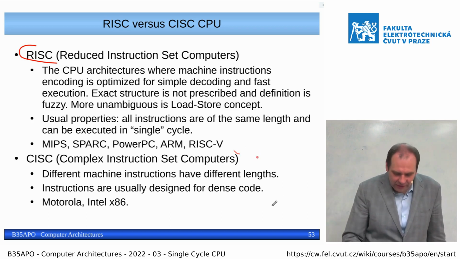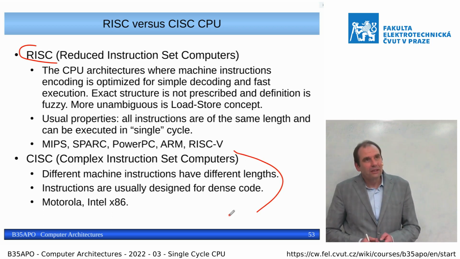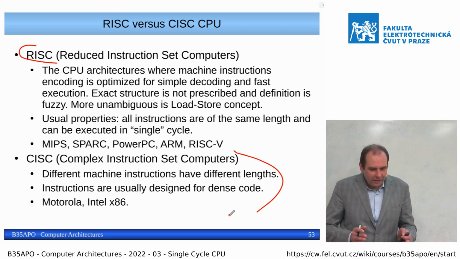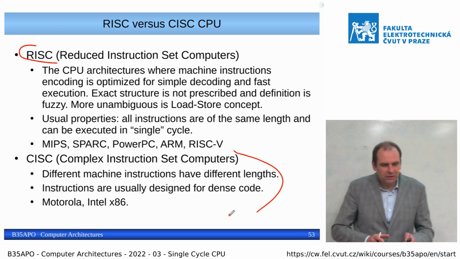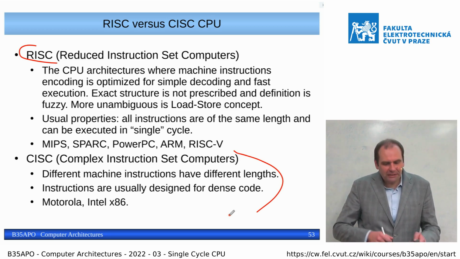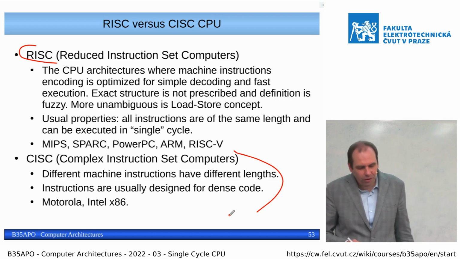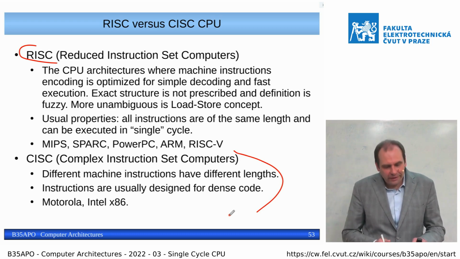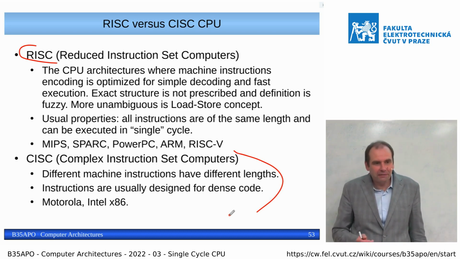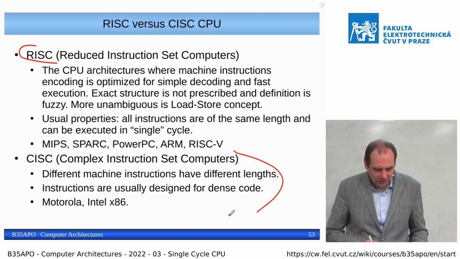On the other hand, complex instruction set computers have the idea that we encode complex instructions which can do more work, even at the price that we need to interpret that instruction in a more complex way, so that in fact we compress the code and the narrow bandwidth between the memory and the processor for reading instructions will be preserved. Today we have caches and so on, so it is usually not necessary.